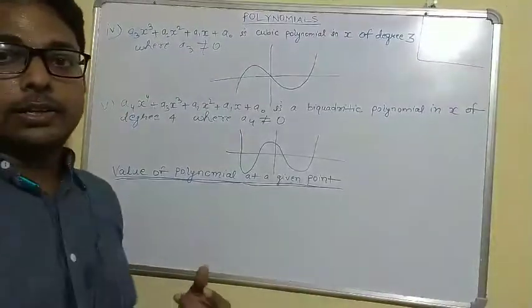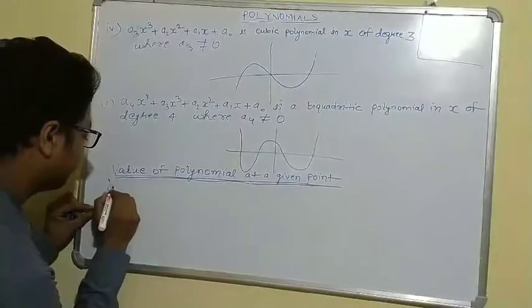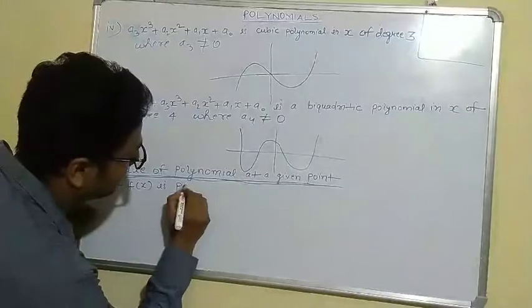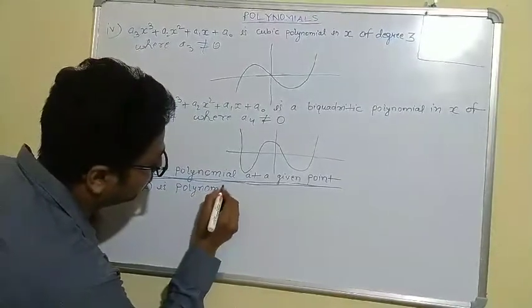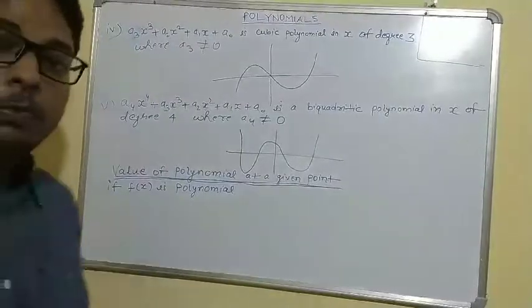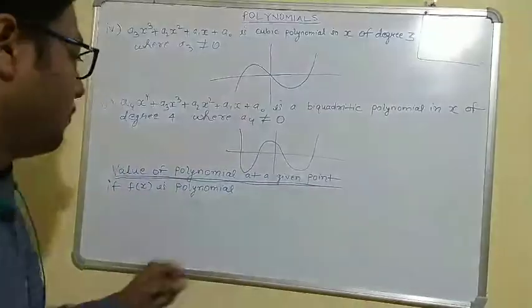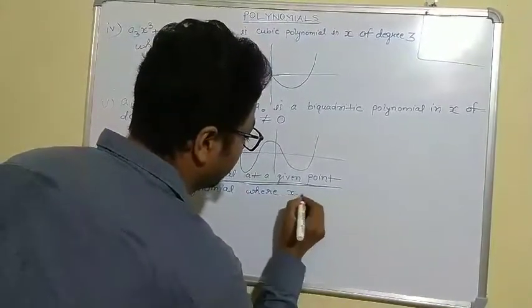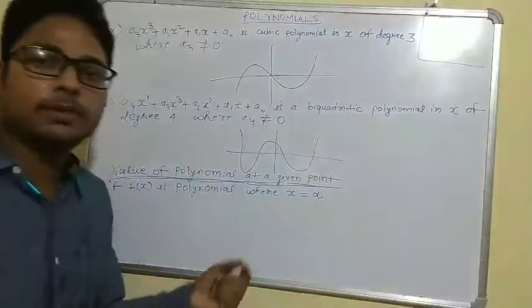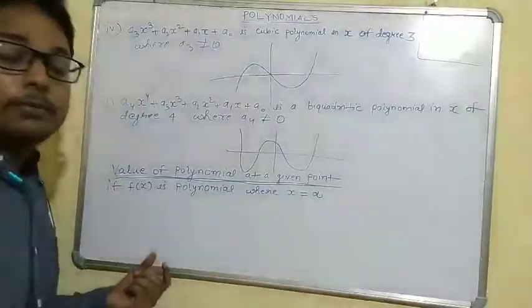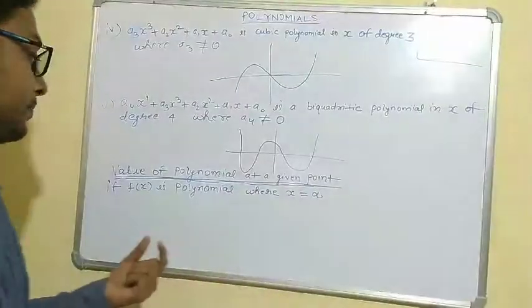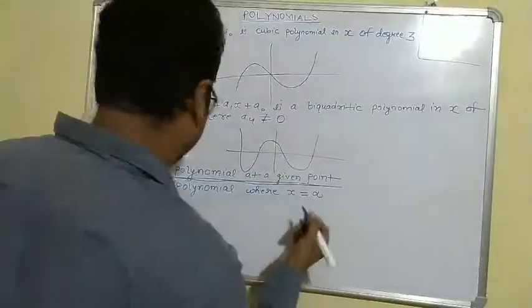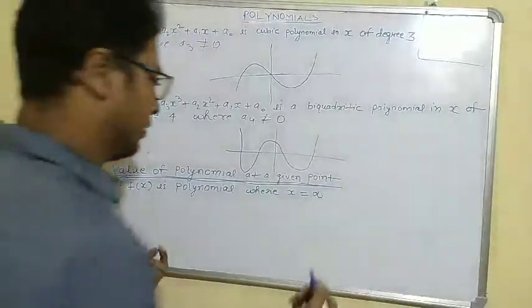If f(x) is a polynomial, where x equal to alpha is some constant value, then the value of the polynomial will be a constant value.